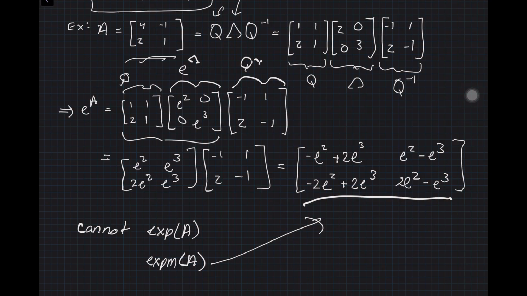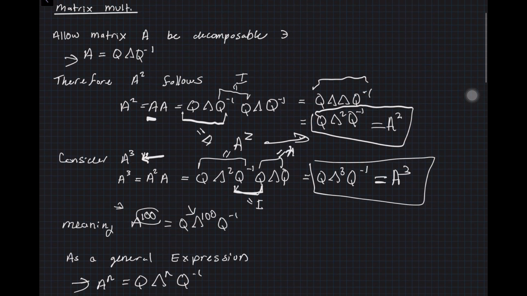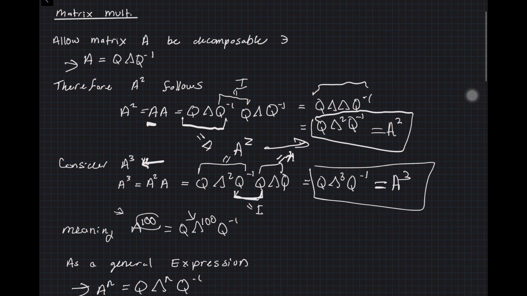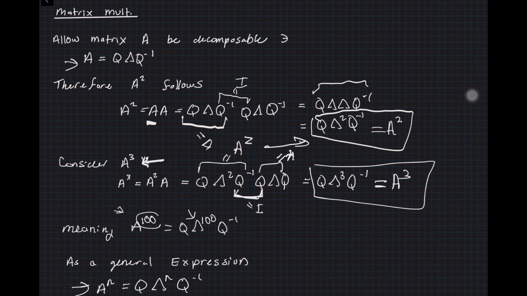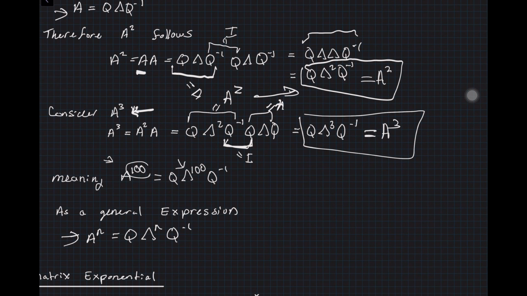All right, guys, let's do a quick summary. This video is based on two parts. If you want to do matrix powers and you know the eigen-decomposition, you're able to use a general expression.